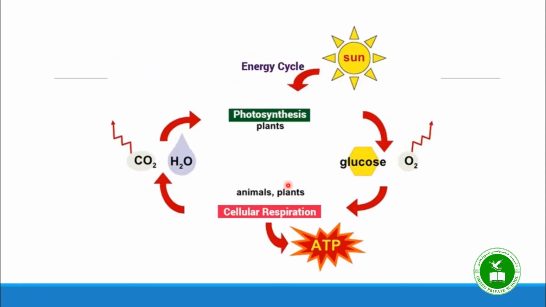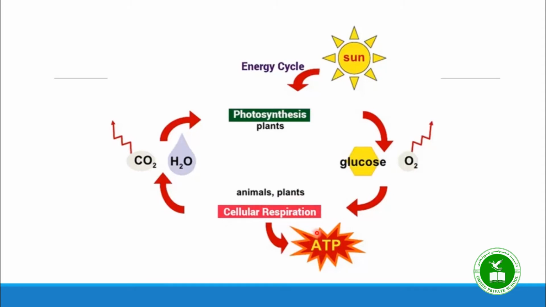In order to understand this relation, we are going to talk about it in this picture. We see that there is a process called photosynthesis that is performed by plants. During this process, they produce glucose and oxygen molecules. After that, this glucose or organic compound and oxygen is used in cellular respiration by animals or by plants. In cellular respiration, we know that ATP is produced.